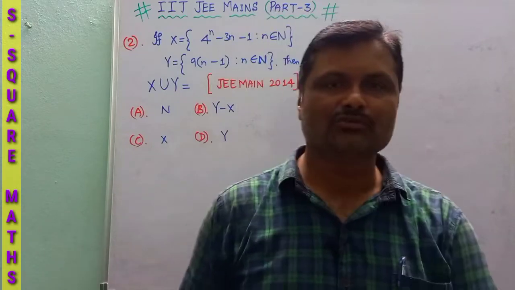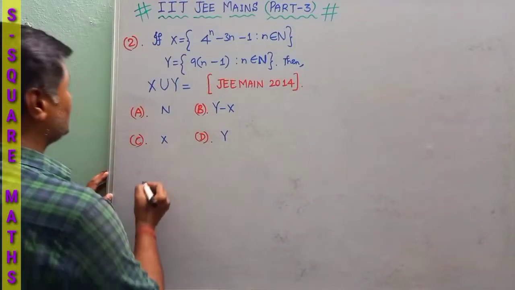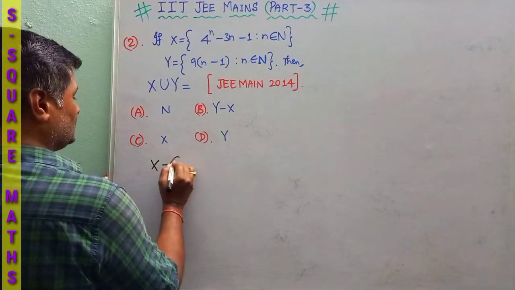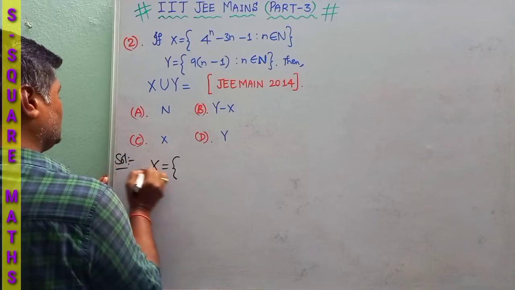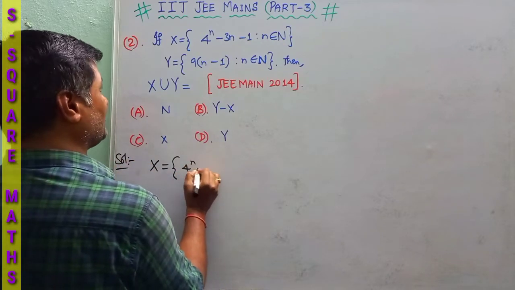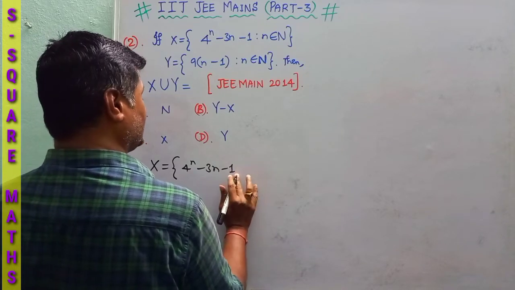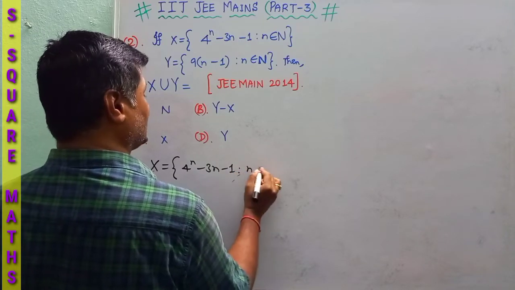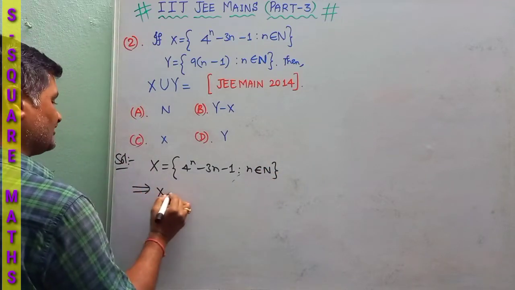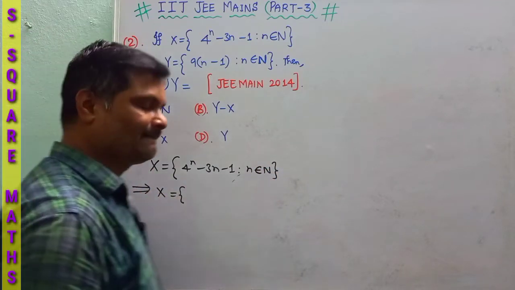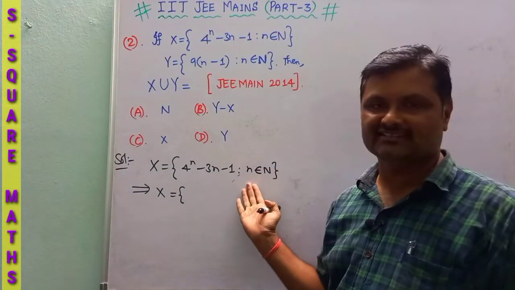It's very easy, don't be panicked by seeing the question. Okay, let us go through it. So x is equal to, solution, given x is equal to 4 power n minus 3n minus 1, where n belongs to natural numbers. So this implies capital X is equal to, just go on substituting the natural numbers.